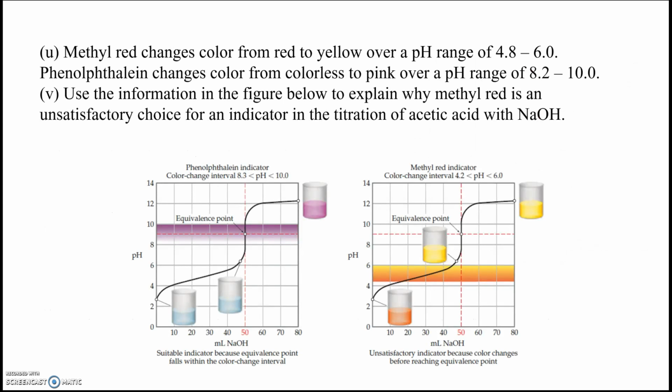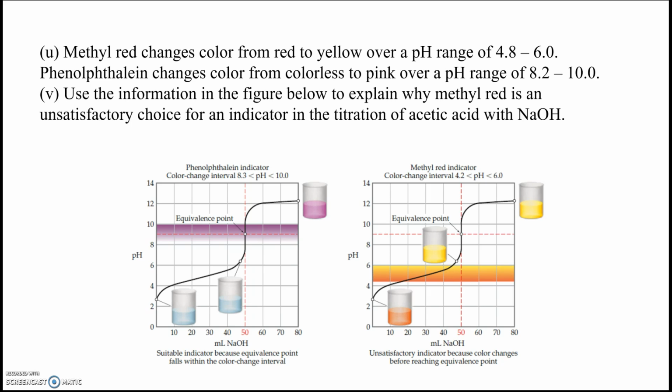All right, so let's take a look and see here why a certain choice of indicator might be good or not good. So in this particular question, it says methyl red changes color from red to yellow over a pH range of 4.8 to 6. Phenolphthalein changes color from colorless to pink over a pH range of 8.2 to 10.